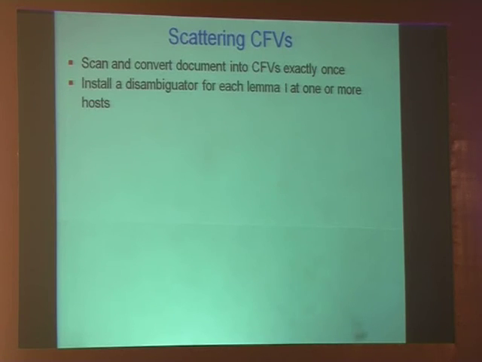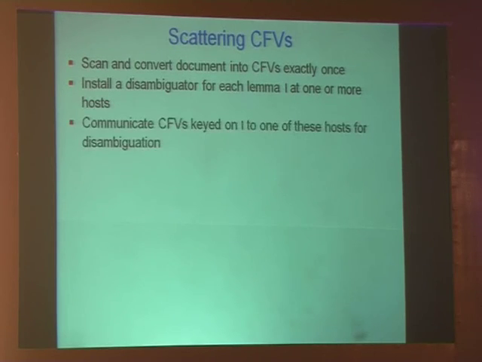Here is how it will work: just scan the documents and convert them into CFs, install disambiguators, or your classifiers, at different hosts, and communicate your feature vectors to those hosts.